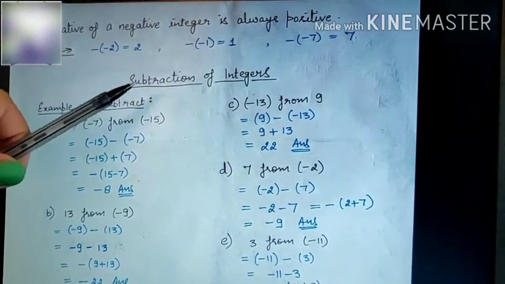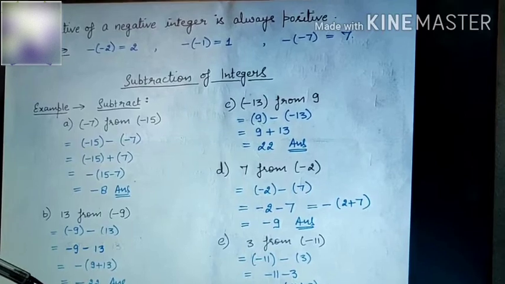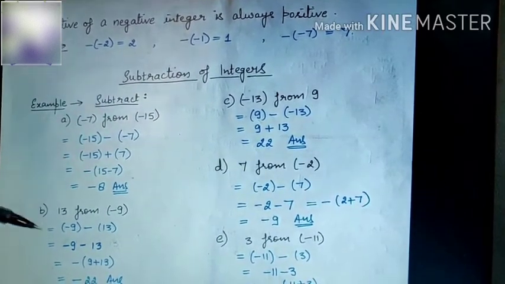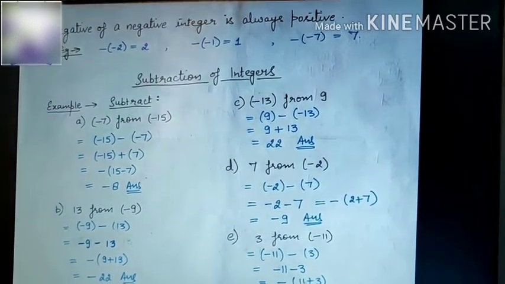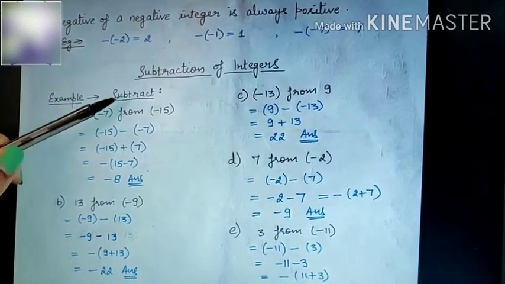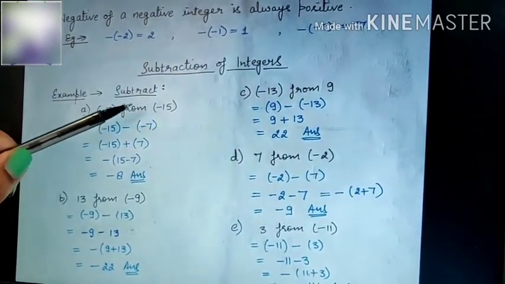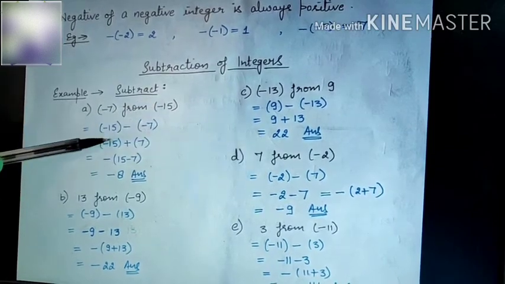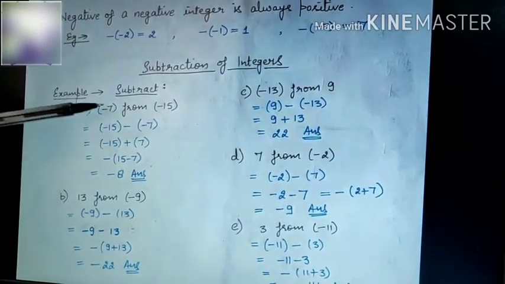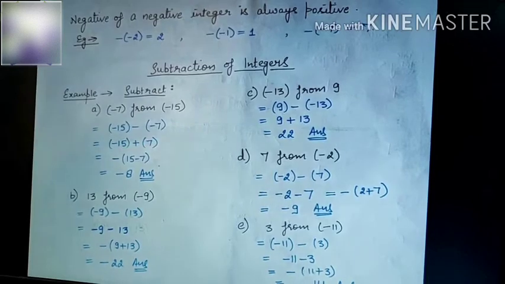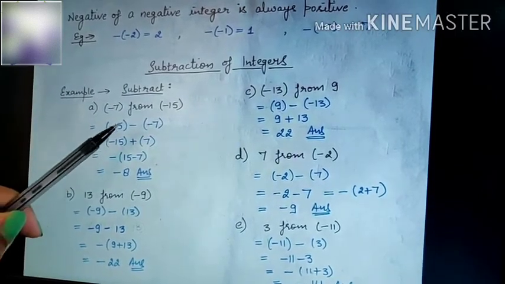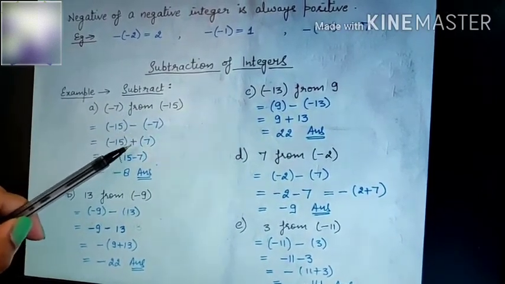Now subtraction of integers. See some examples. We can do this with the rules we have just read. See here an example. Subtract minus 7 from minus 15. So the number which is written after from is written first, minus 15 minus this integer, minus 7. Now minus 15, I told you negative of negative integer is always positive.